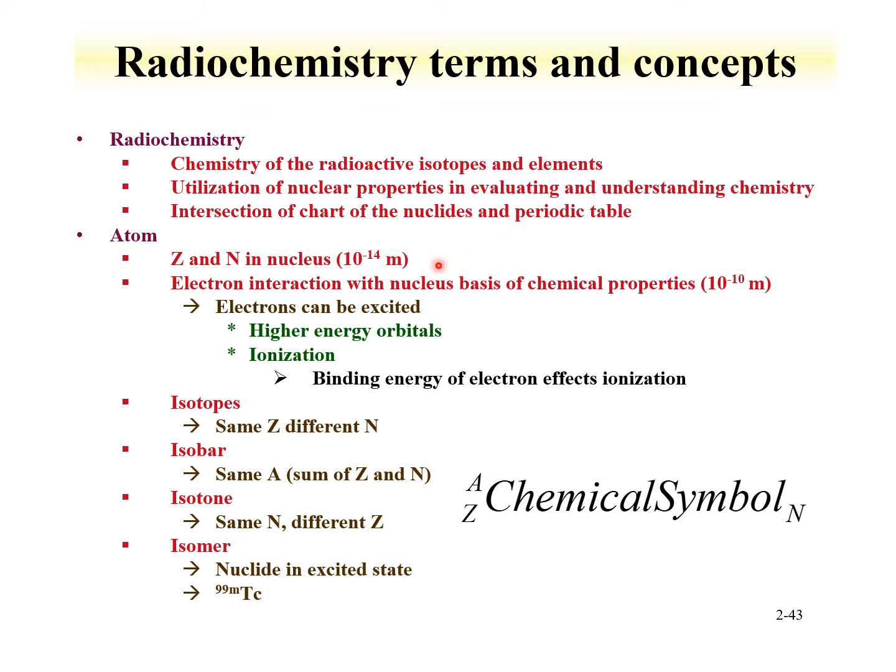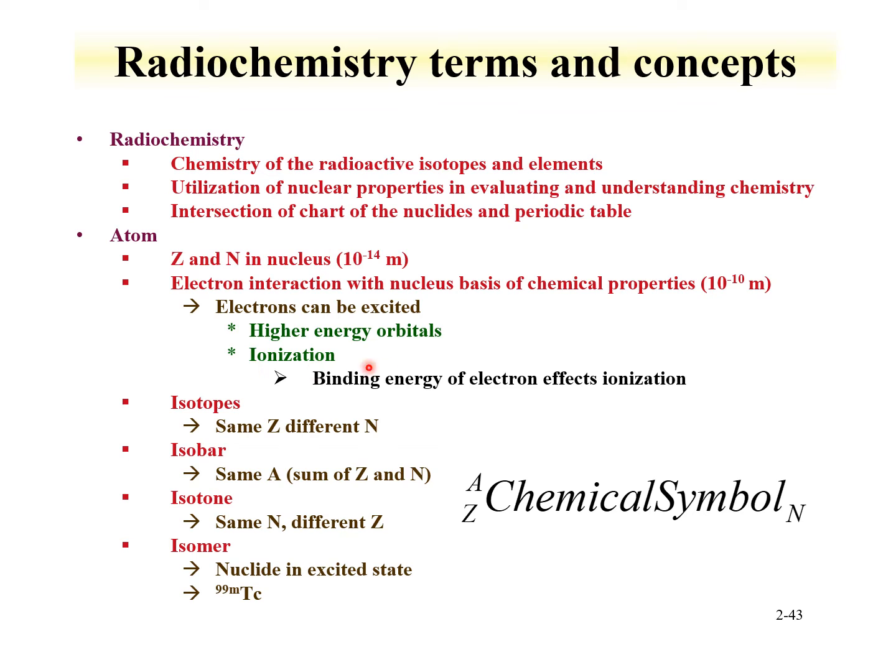So some of the things that we should understand when we talk about radiochemistry, since we want to talk about the nucleus and nuclear properties, let's start with that. The nucleus we can always describe as Z protons and N neutrons. The diameter of the nucleus is about 10 to the minus 14 meters.